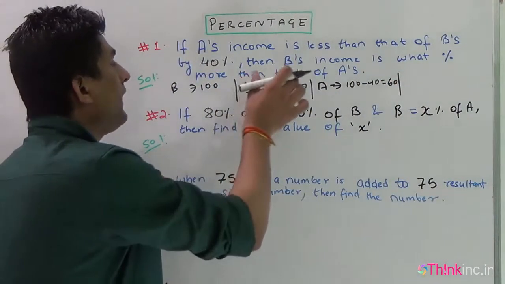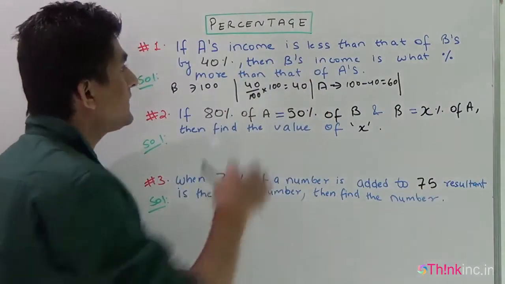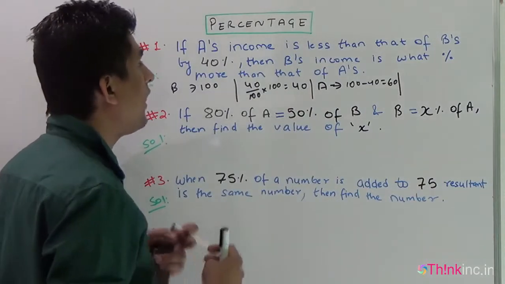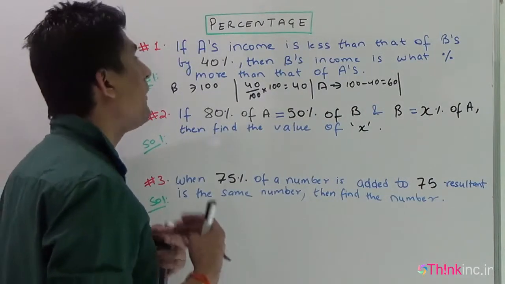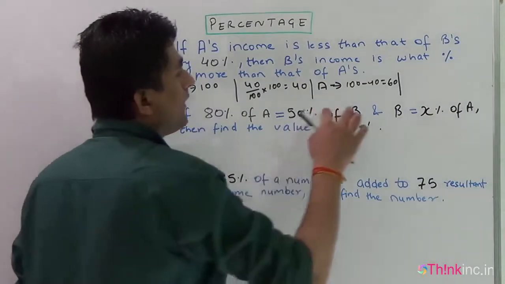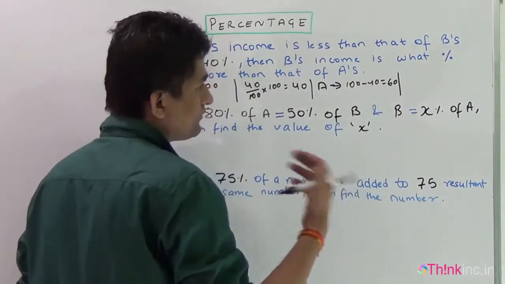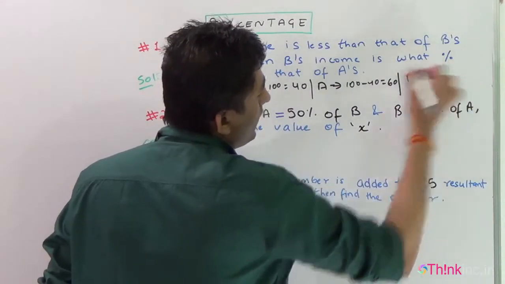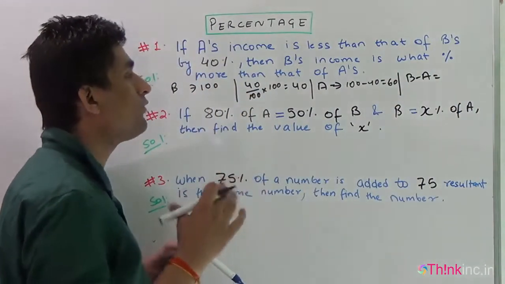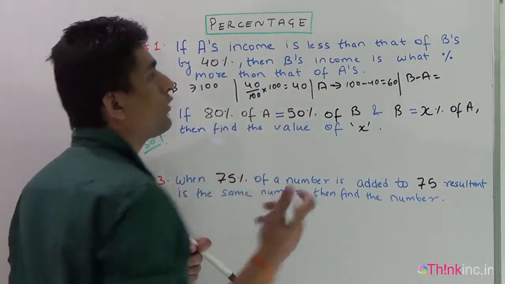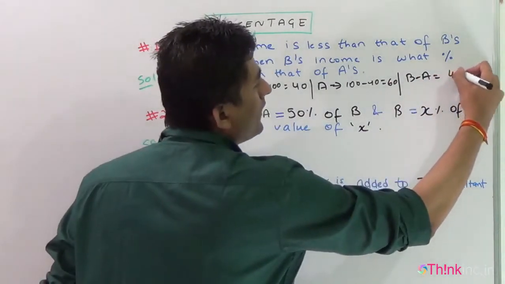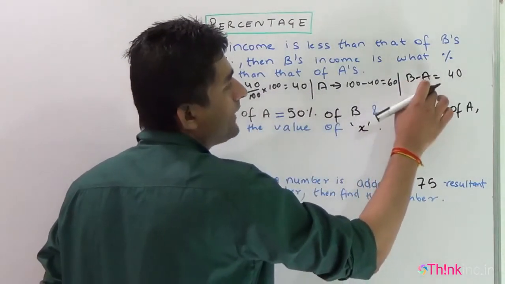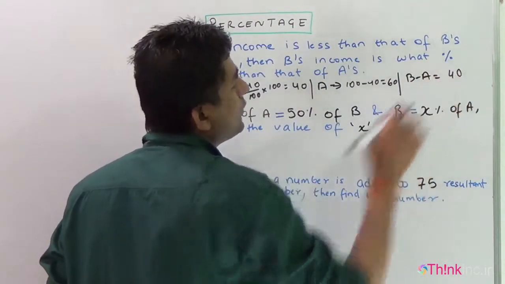We have to find by what percentage B's income is more than that of A's. In order to calculate the extra income, we first have to find B minus A. That means we calculate the amount by which B is more than A. The value of B is 100 minus A, that is 60, which will come out to be 40.